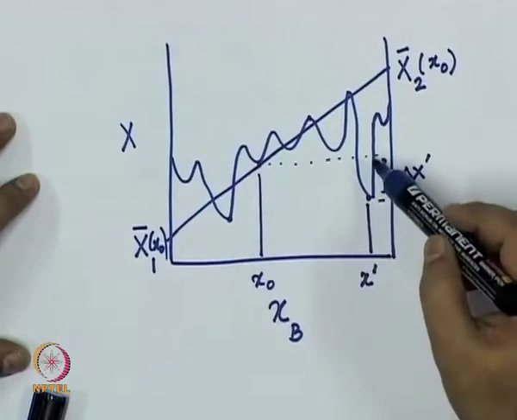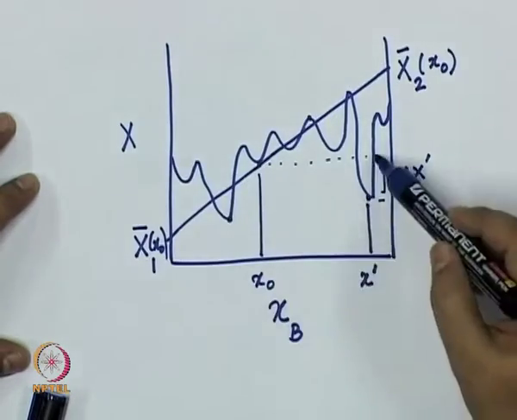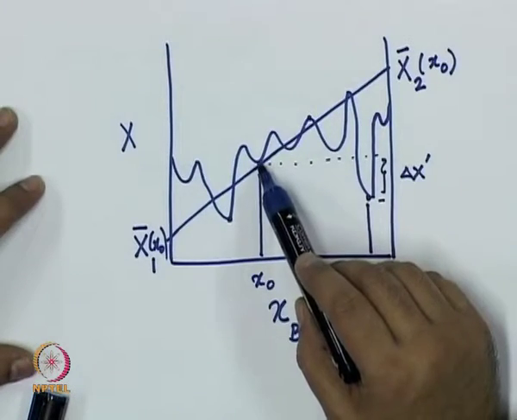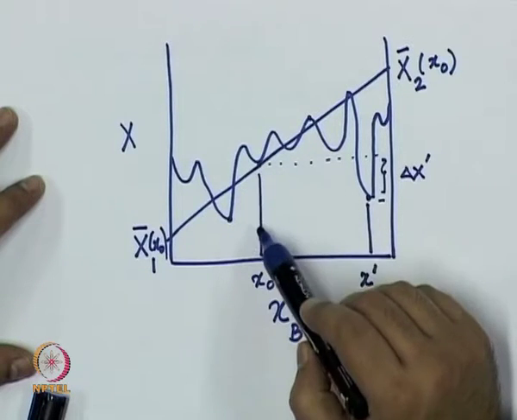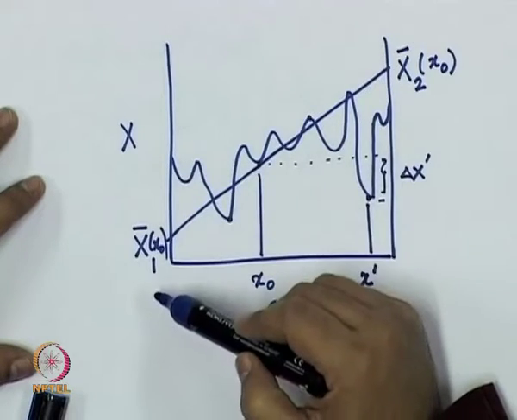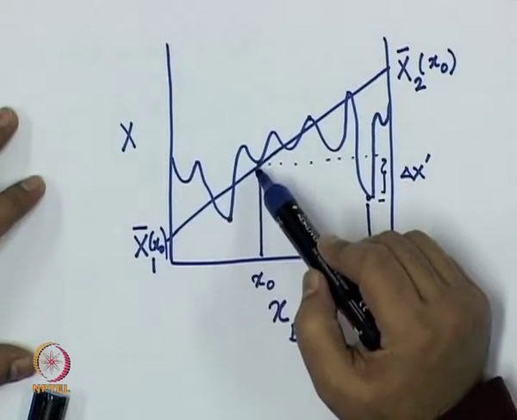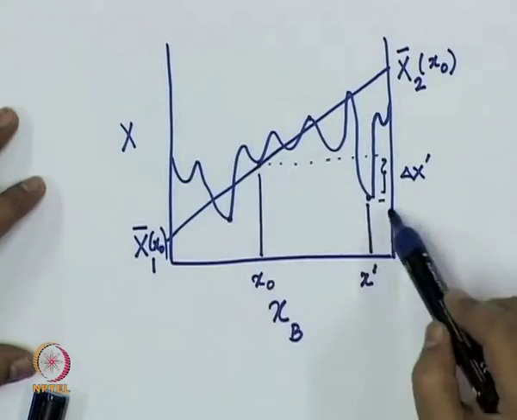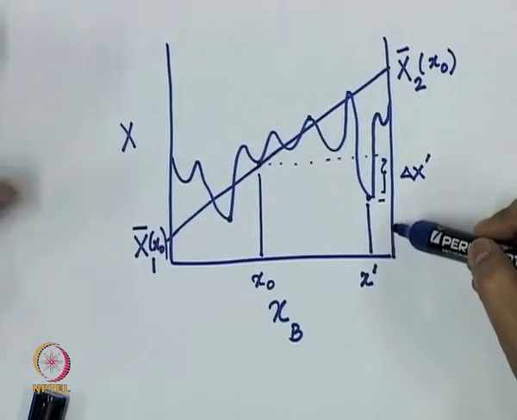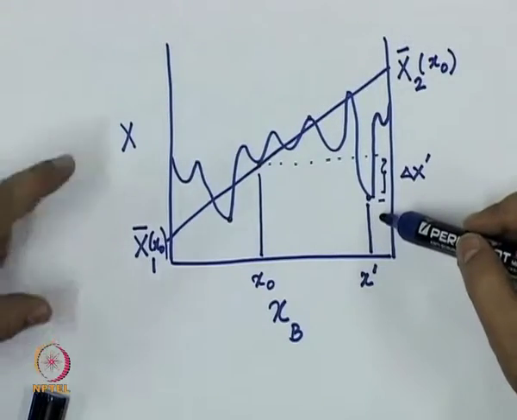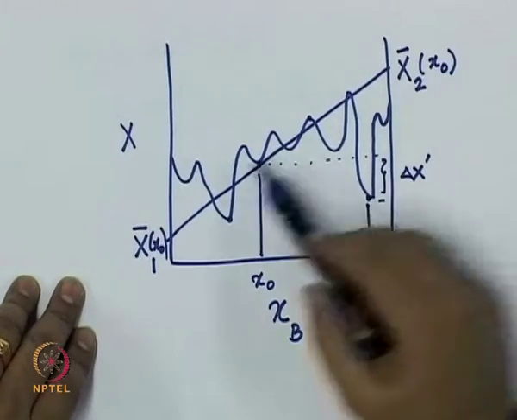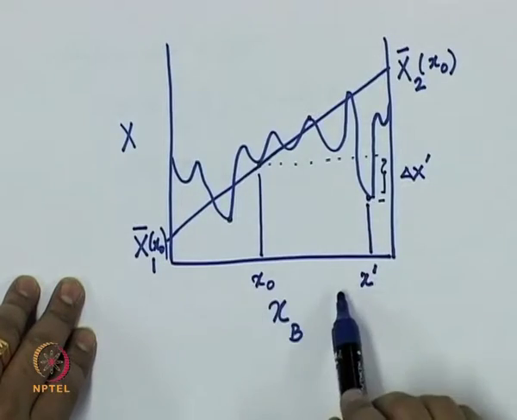If it is an open system, the difference in the property x because of this will be just given by this difference, but we are in a closed system, which means if you take or put A or B atoms at this composition, the change in free energy is given by the intercepts along the y axis for the tangent that is drawn at this point. Similarly, for this point you have to draw a tangent, and where it cuts will determine the changes in the property per atom that you add. So, that has to be accounted for when we are trying to calculate this change in the property x.